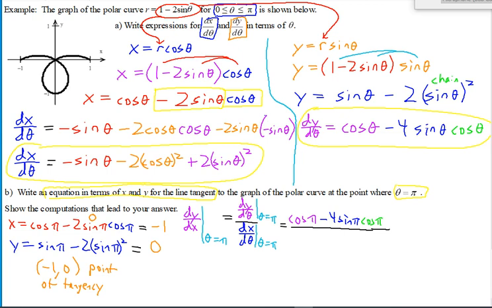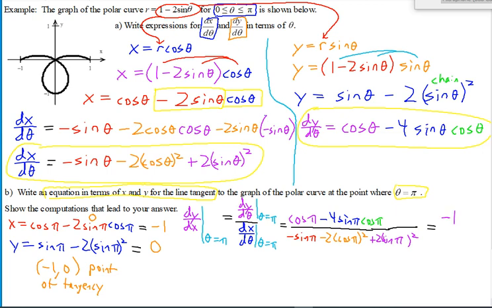And then on the denominator, the dx d theta is right here. It'll be negative sine of pi, and then minus 2 cosine of pi squared, and then plus 2 sine of pi squared. So cosine of pi is negative 1.